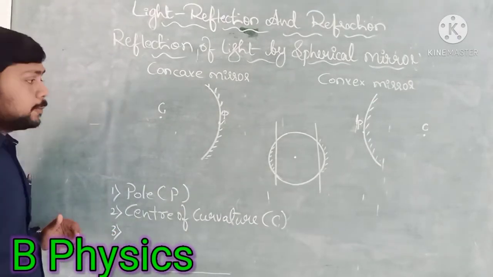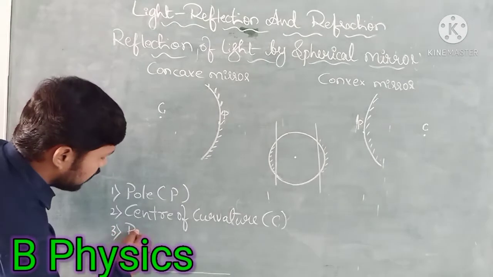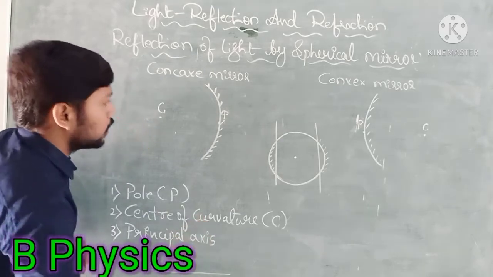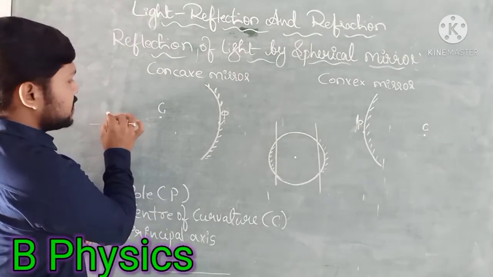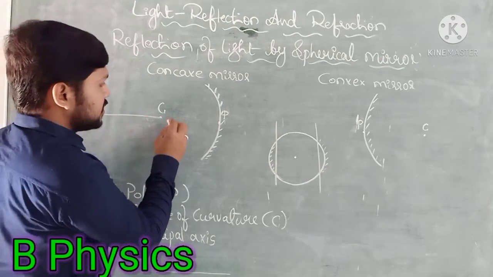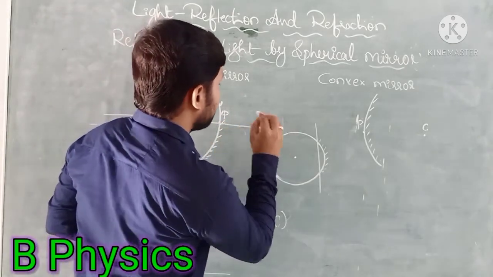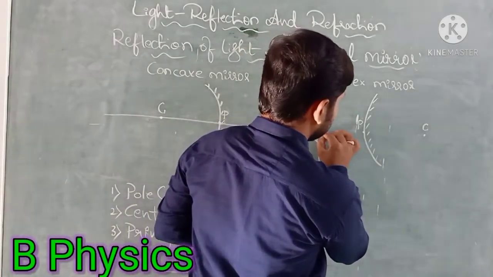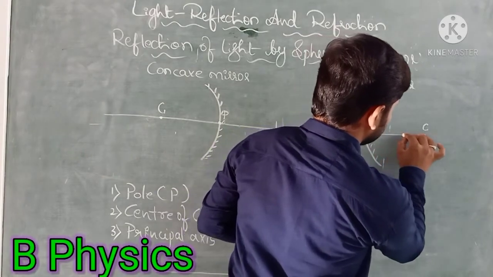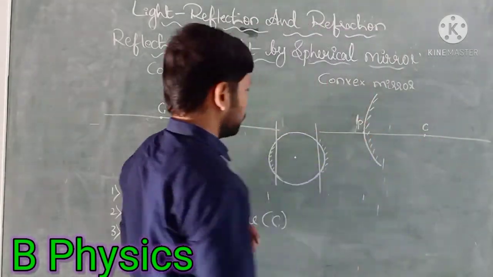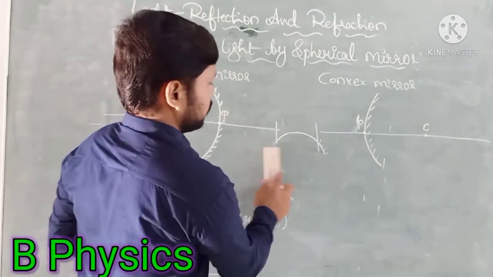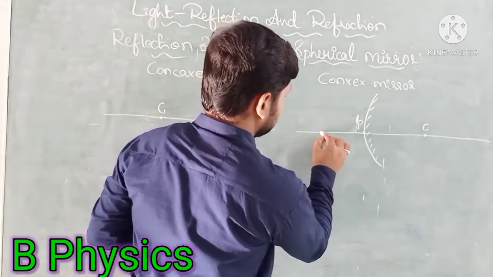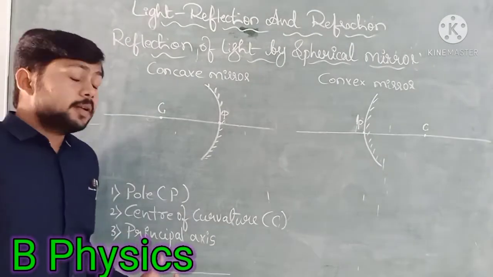The next term is principal axis. See, principal axis is a straight line which passes through the center of curvature and pole of the mirror. So what is meant by principal axis?